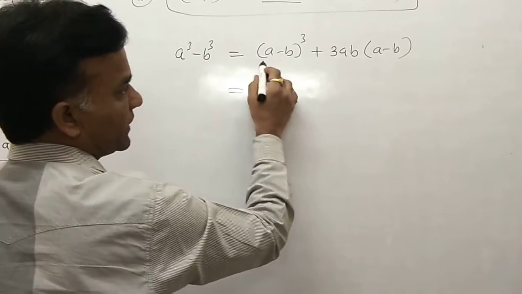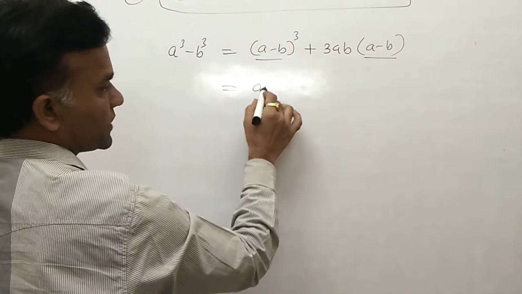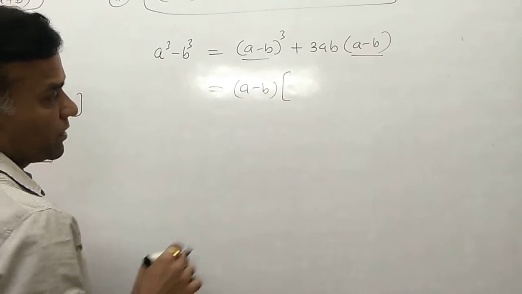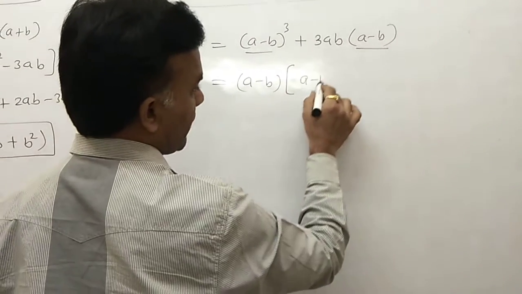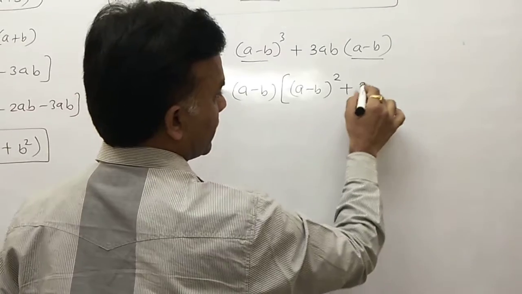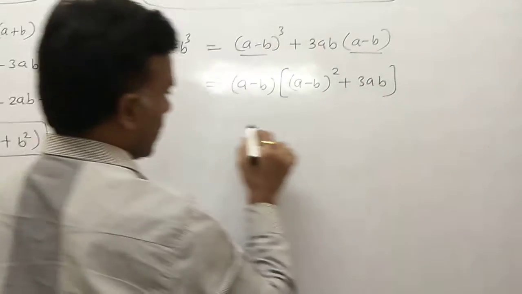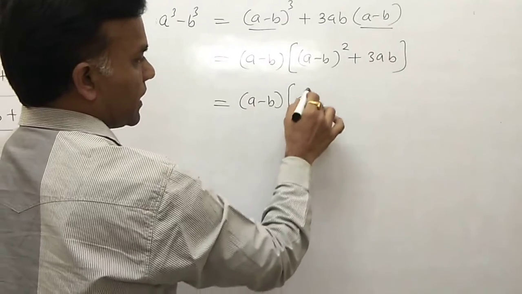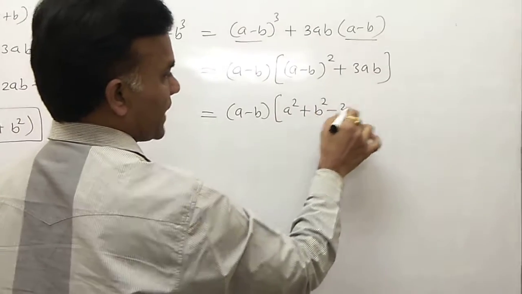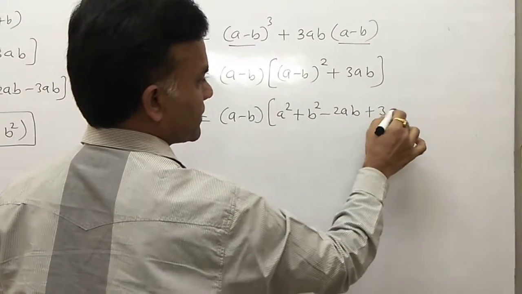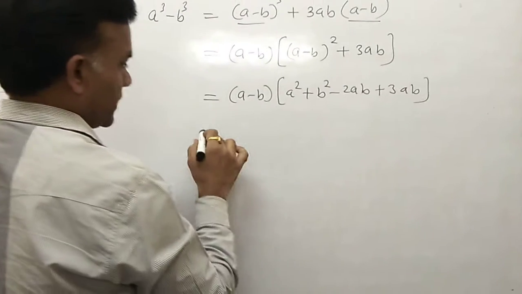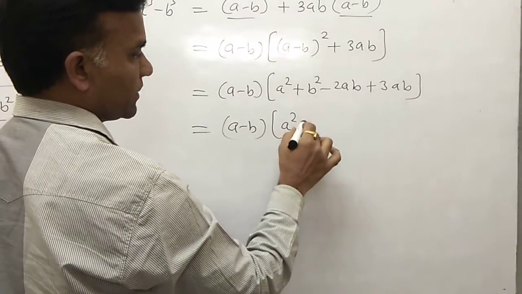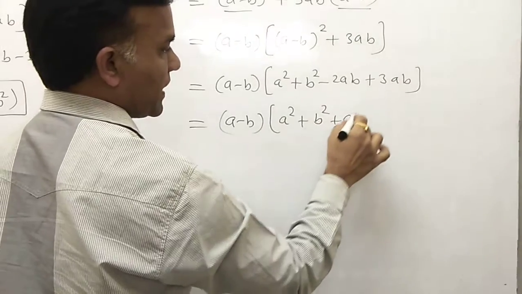Which is overall common (a − b) here, so you bring out (a − b) as common, then you have (a − b)((a − b)² + 3ab). Then (a − b)(a² + b² − 2ab + 3ab). So (a − b)(a² + b² + ab).